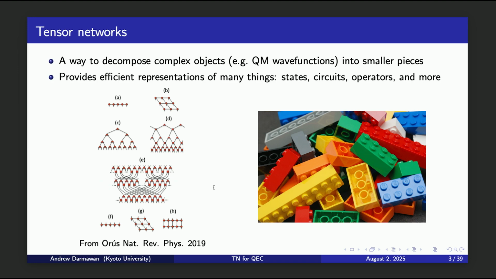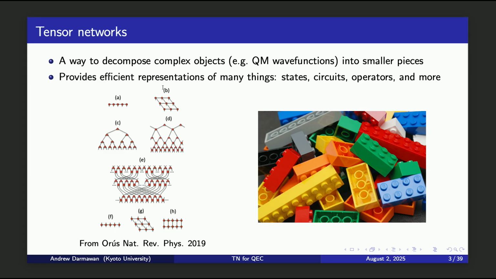Okay, so what's the idea of tensor networks? The idea of tensor networks is that we want to decompose complex objects, things like quantum mechanical wave functions, into smaller, more manageable pieces, like building blocks. Something like breaking something down into Lego blocks.